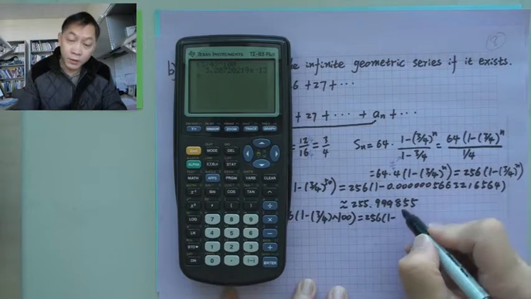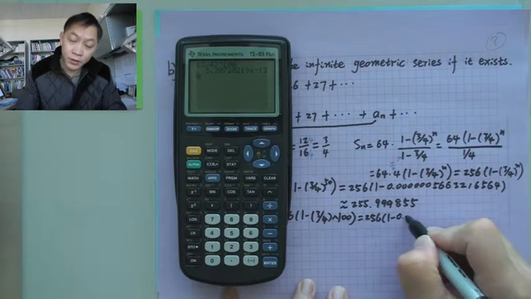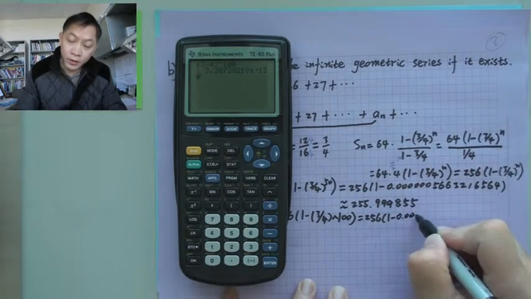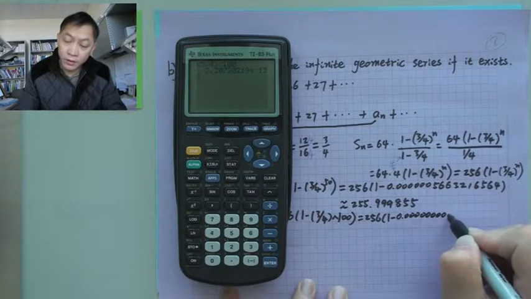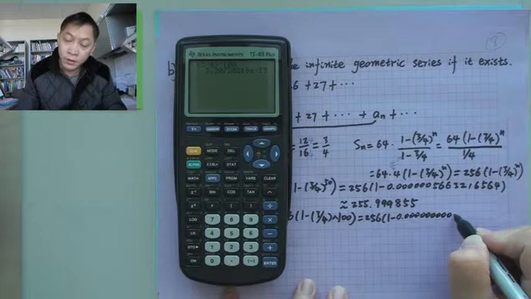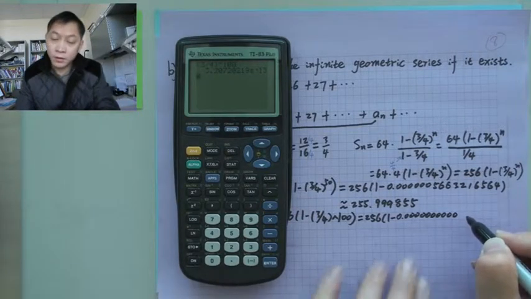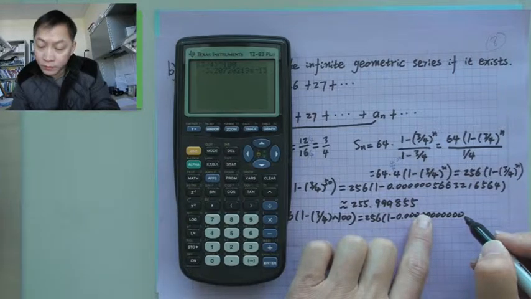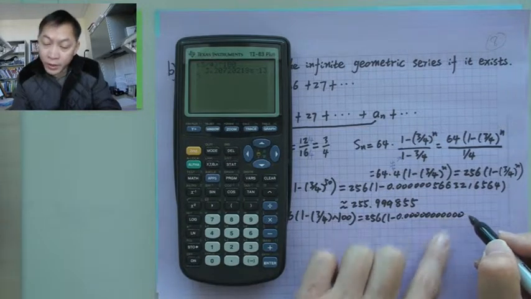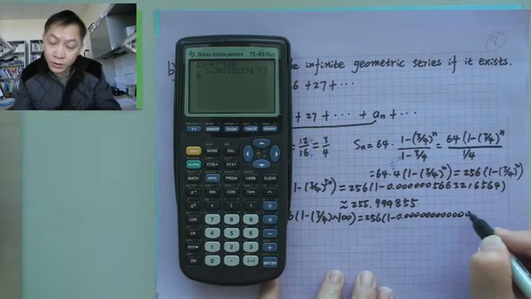Okay, so then we have 13 zeros, 2, 3, 4, 5, 6, 7, 8, 9, 10, 11, 12, 13.